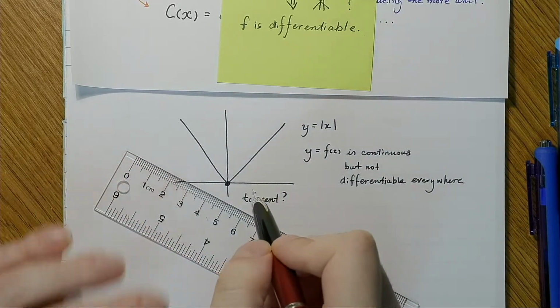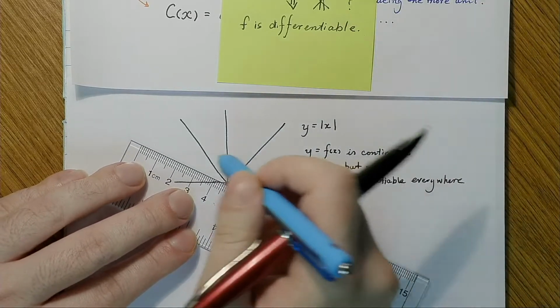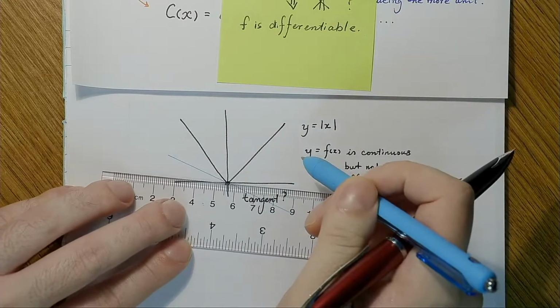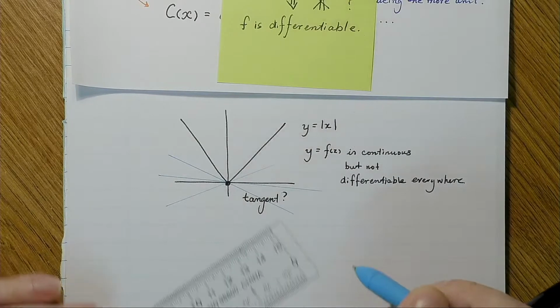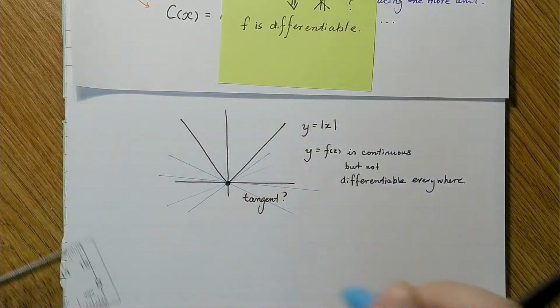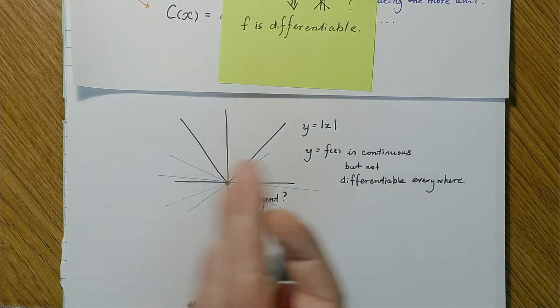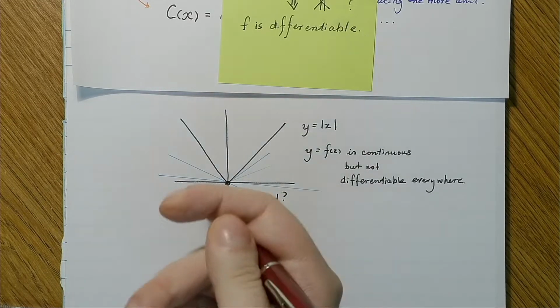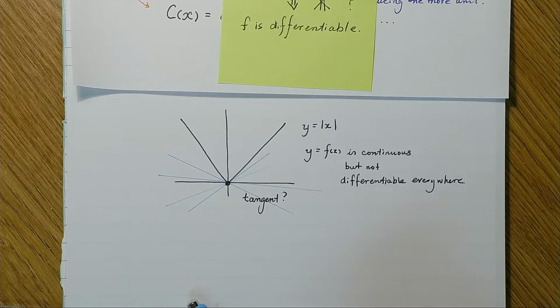But again, it has to just touch the function at one point. So what is to stop me from drawing this? Or this? Or this? Or this? That's the problem. I don't have a unique tangent. I could draw any of those, and that satisfies that definition of the tangent. So because I can't draw a unique tangent to it, it's not differentiable.